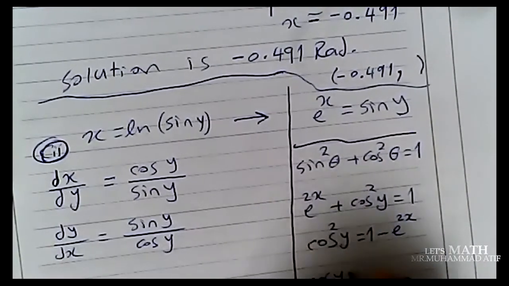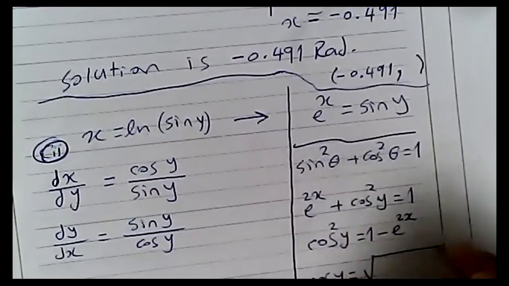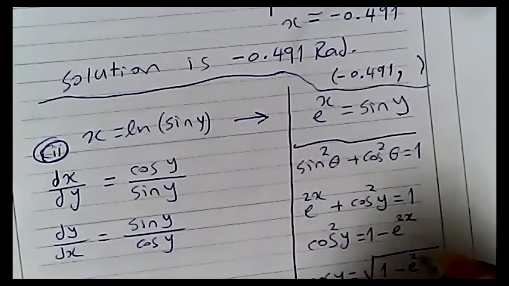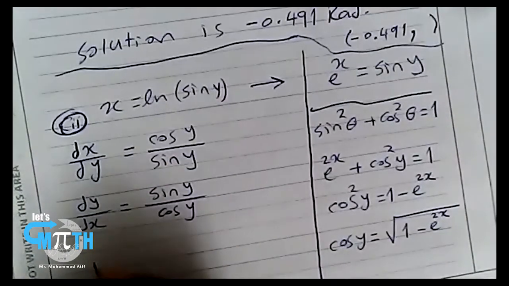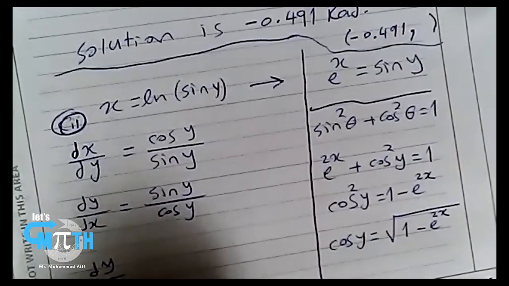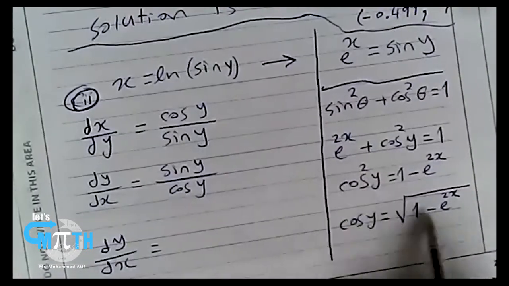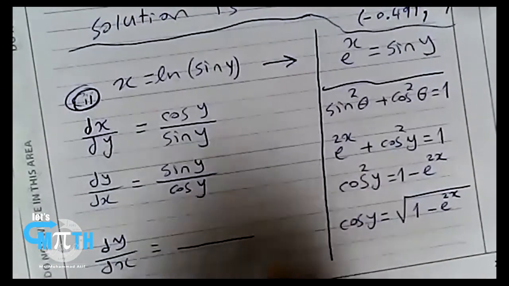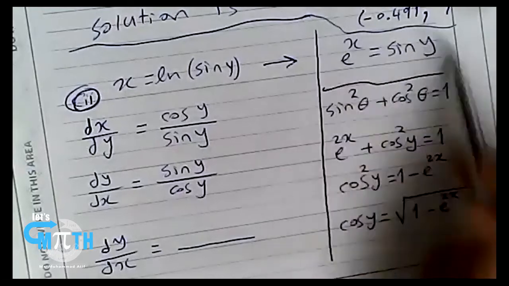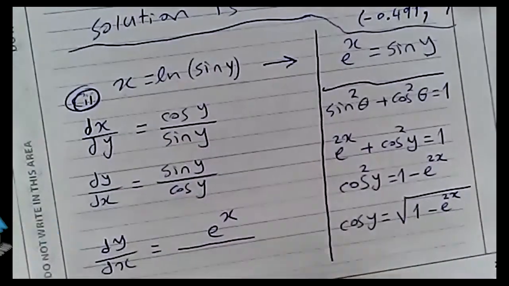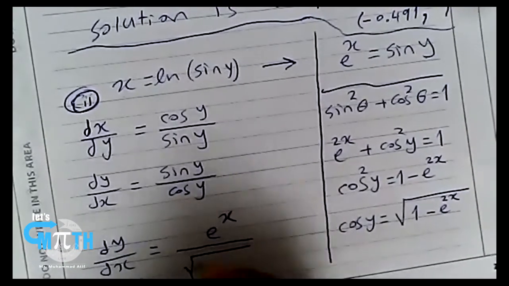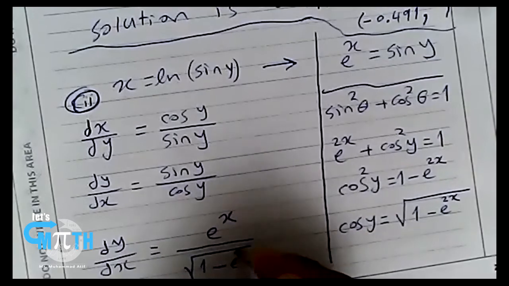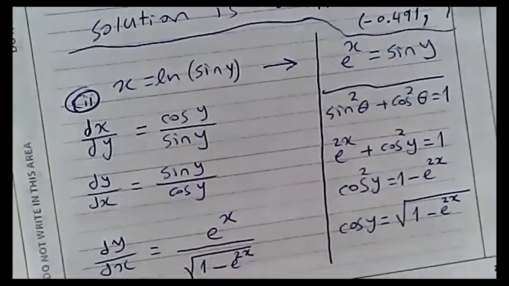Finally, cosine y can be written as the square root of 1 minus e power 2x. So this is the final step required here. Back to the question. So the numerator sine y will be, from the previous step, e power x, and cosine will be the square root found in the last step, 1 minus e power 2x.